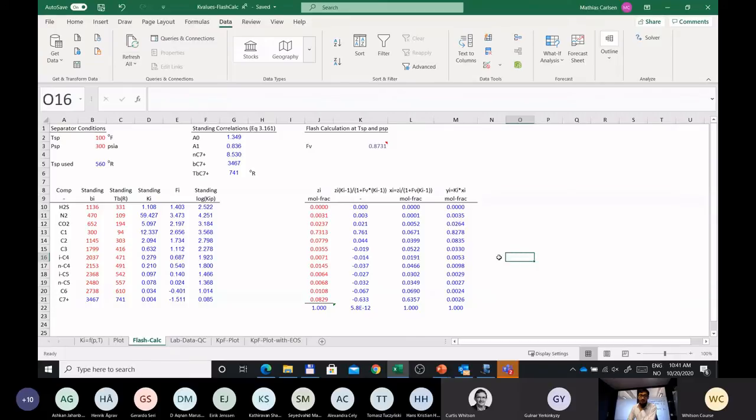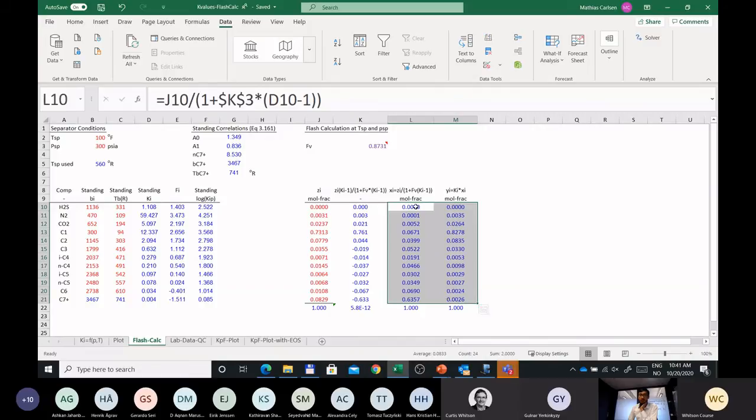Okay, so that's the flash calculation exercise. Now, how can we use this flash calculation exercise for the samples that we have, to do some kind of QC? Because we have done the flash calculation and have the xi and yi calculated, we can compare these two compositions with the lab reported composition.